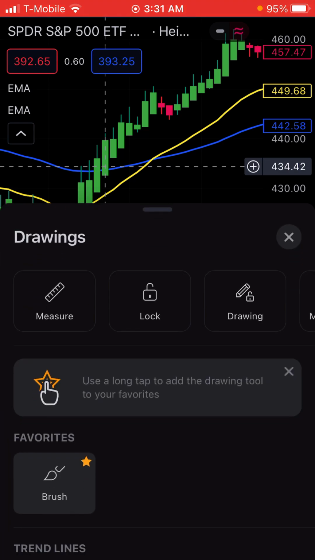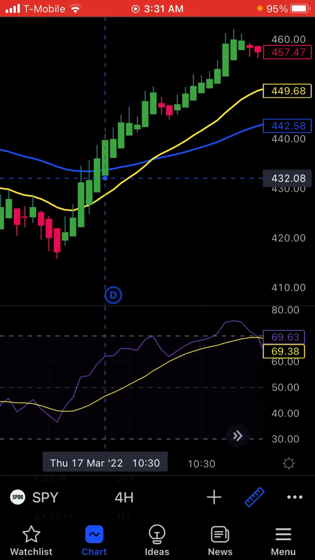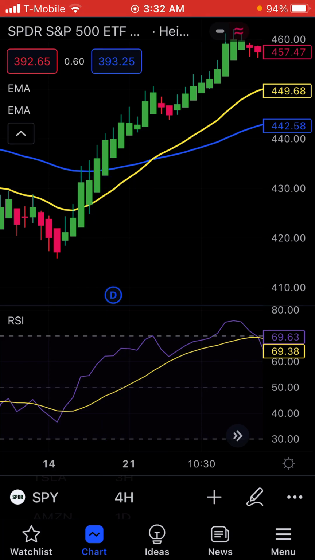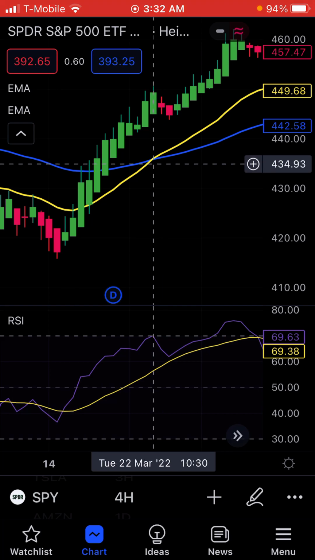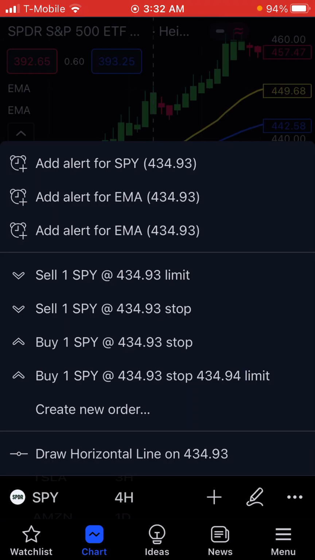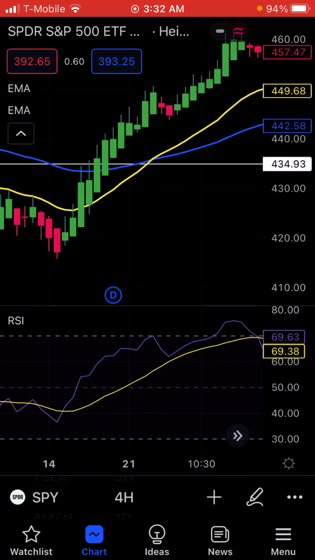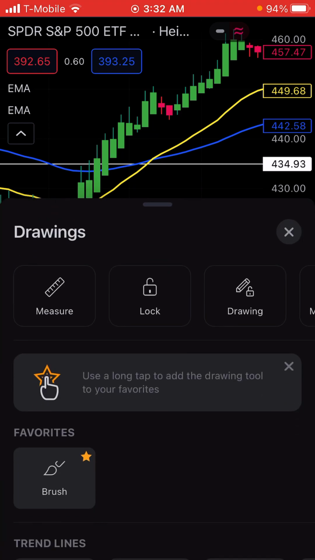Right here, I'd do around a 433 call, and to make it easier, I might draw a little horizontal line. Wait for it to cross, draw a horizontal line, and then you can see clear as day where you can go and enter.